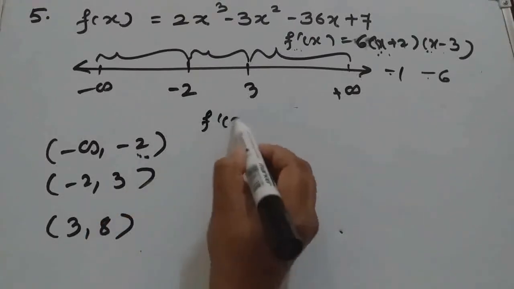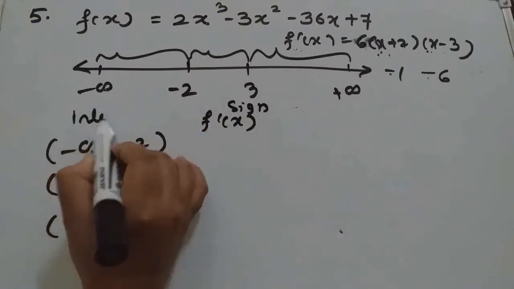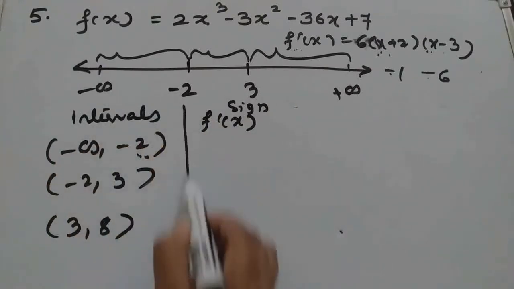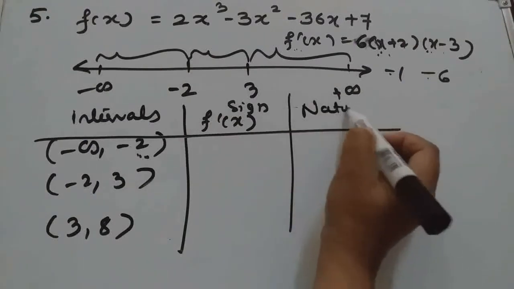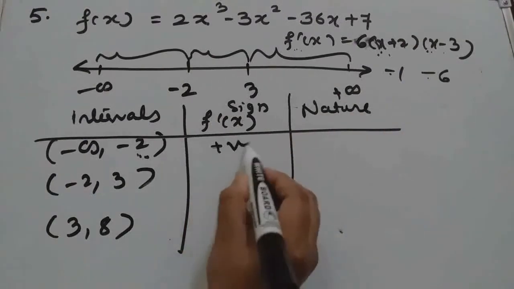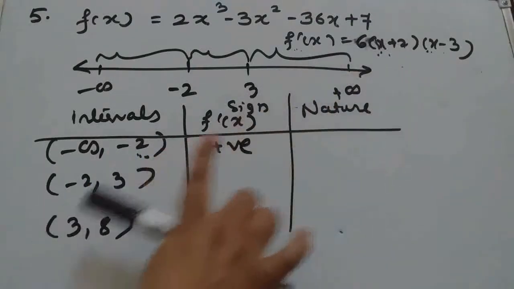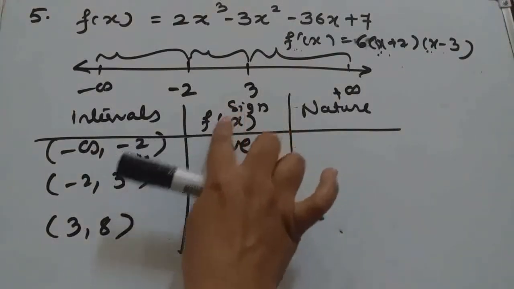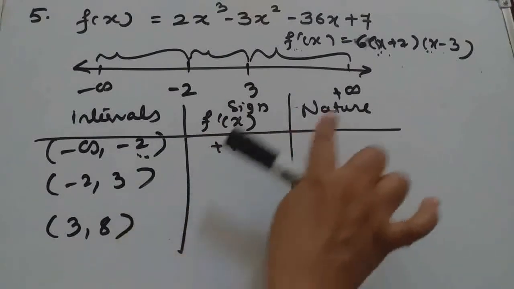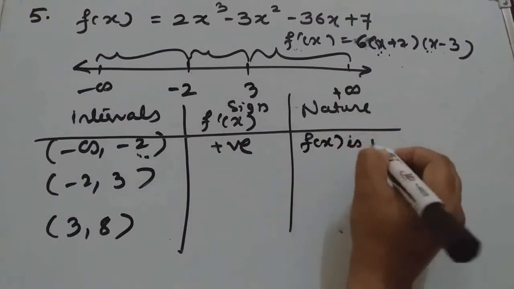We can write the sign of f dash of x in tabular form with these intervals, and then the nature of the function. Here it is a positive sign. After substituting x as minus 3, both brackets are minus, so minus into minus means plus. So the sign of f dash of x is positive, that means the nature of this function is increasing.